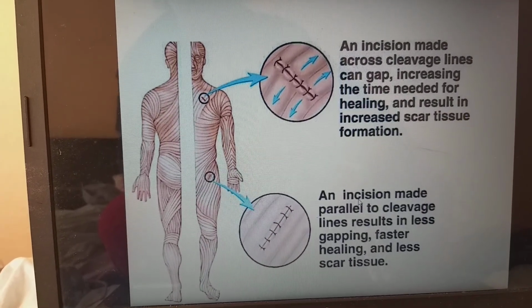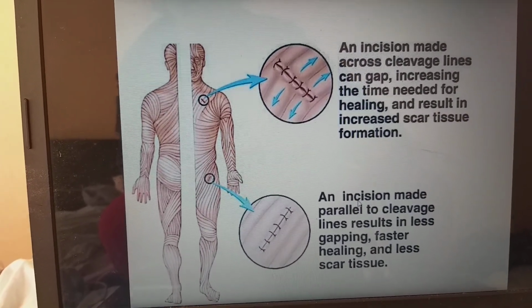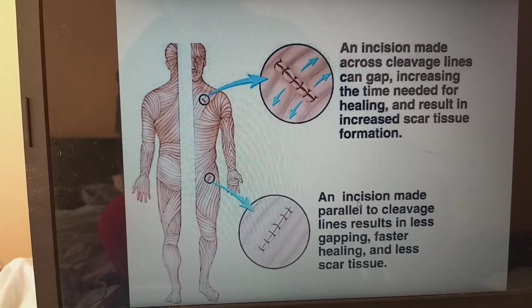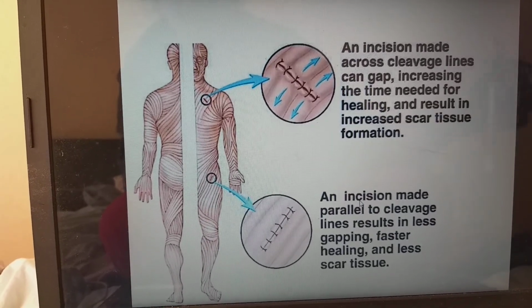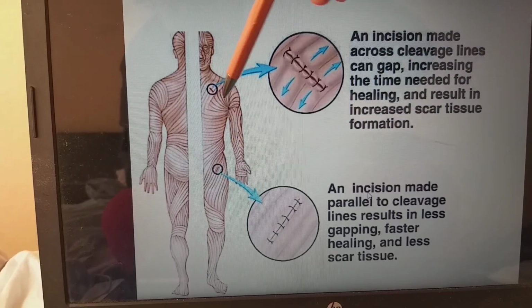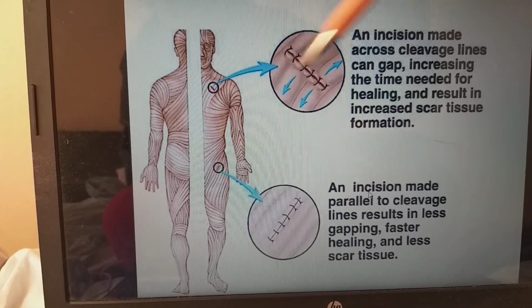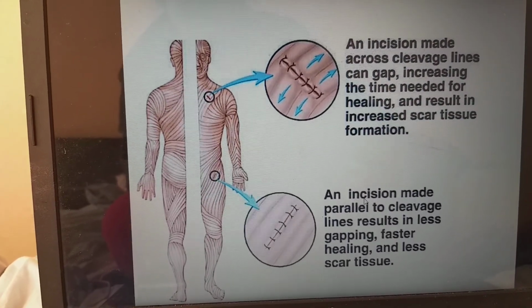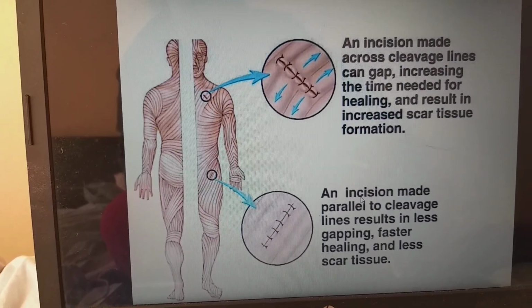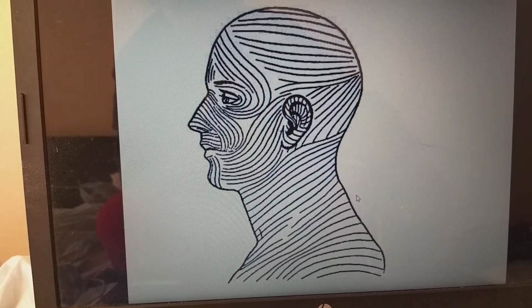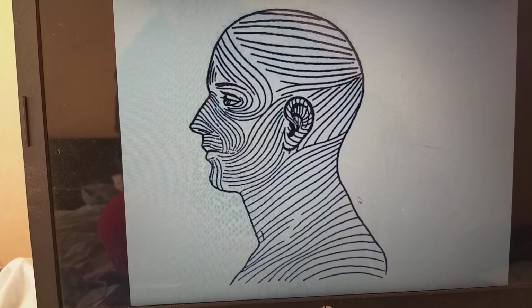An incision made across the cleavage lines can gape, increase the time needed for healing, and result in increased scar tissue formation. If we operate along the cleavage lines, we have less scar and the healing is much faster. And again, these are the lines of cleavage on the face as well as on the head and neck.